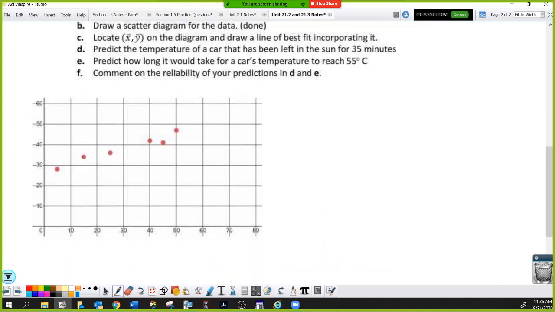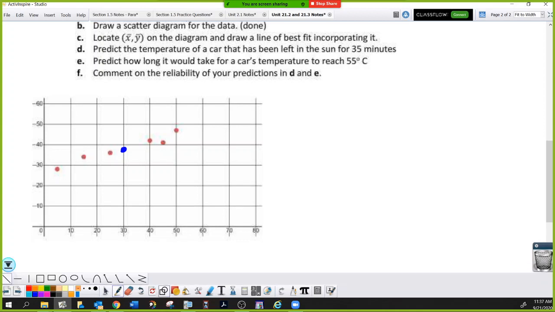So where is 30, 38? It looks to be about here. That looks good. And I want to draw a line through, grab a straight edge. I feel like going through the one that's right next to it would be best. Like this.